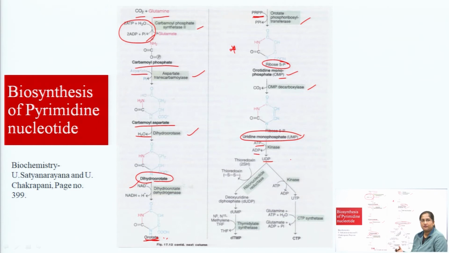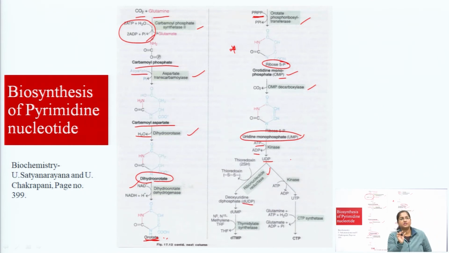Once we have uridine diphosphate, we can do several reactions. The first reaction is catalyzed by ribonucleotide reductase. By using the enzyme ribonucleotide reductase, you can convert UDP into deoxyuridine diphosphate, or dUDP.